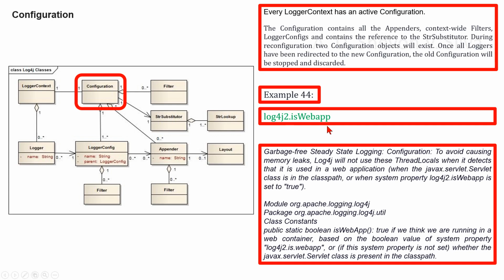The public static boolean isWebApp in class Constants in package org.apache.logging.log4j.util in module org.apache.logging.log4j is true if we think we are running in a web container, based on the boolean value of the system property log4j2.is.webapp, or if the system property is not set, whether the javax.servlet.Servlet class is present in the class path.